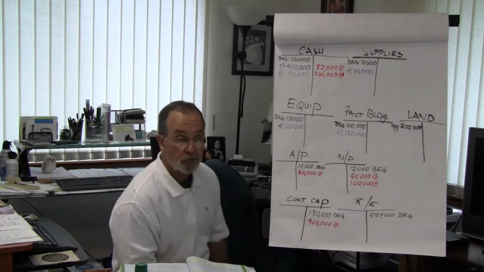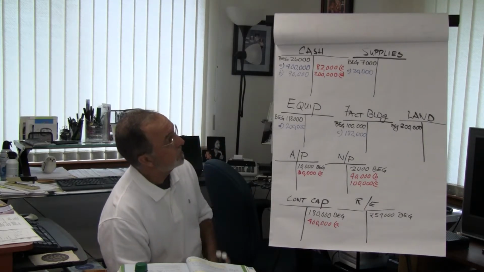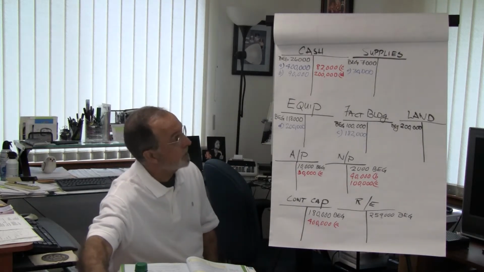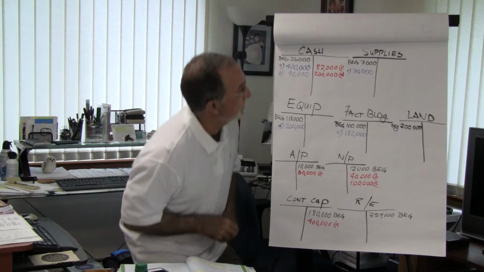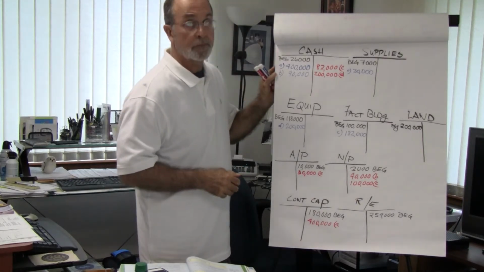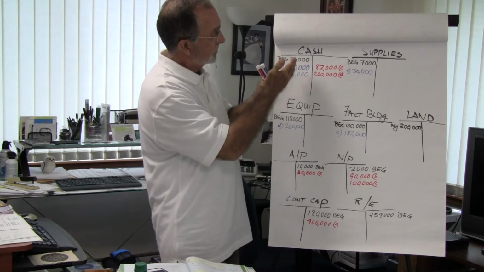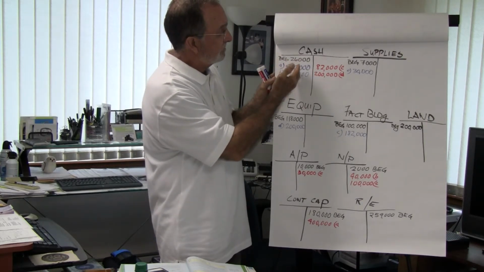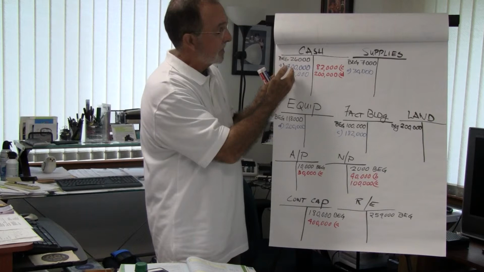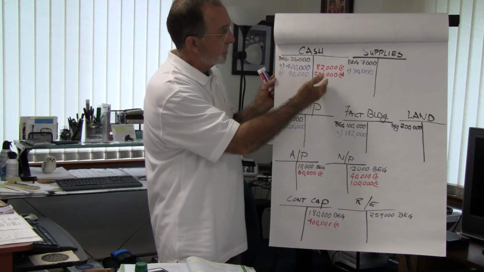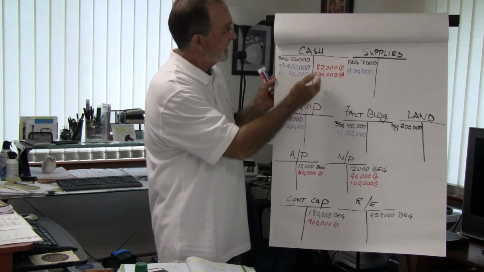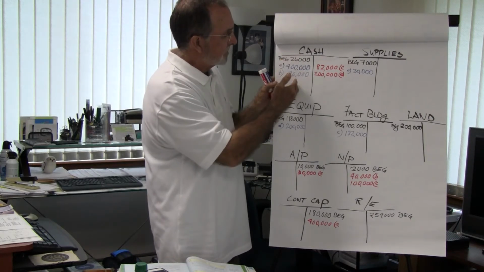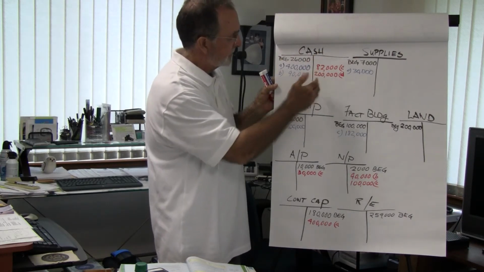Now, as part of the summarization of our T accounts, we need to show the balance for each of our accounts. The way we get the balance for each account is for cash, as an example. The plus side for cash is the debit side. We add to cash with debits, we subtract from cash with credits. So we add both sides. We add the plus side, we add the minus side.